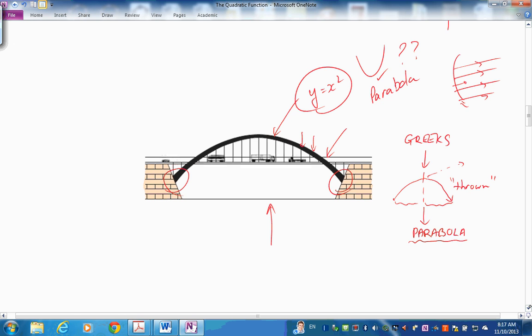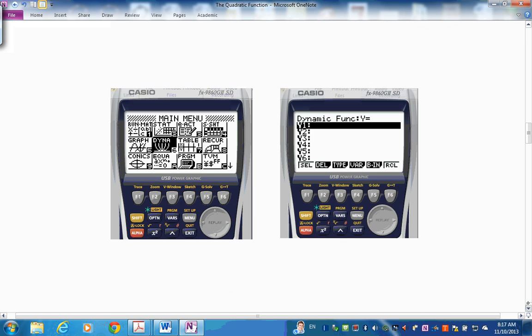Okay, come down now, and I want to take you on a journey. I wonder how much you know about your Casio 9860 Plus calculator. I'm going to restrict this presentation to just this calculator, and other calculators will have a similar sort of function I'm asking you to use here. So if you turn it on and come up with the menu screen, can you see I've highlighted here Dyna?